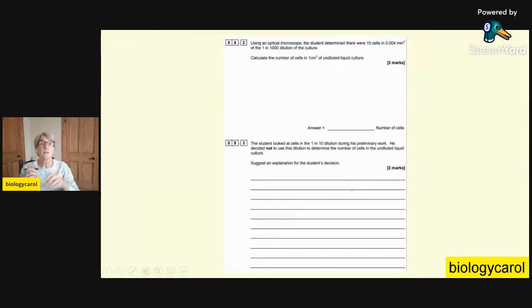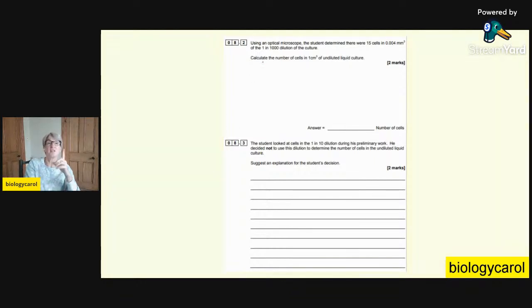Using an optical microscope, the student determined that there were 15 cells in 0.004 of a millimetre cubed. Oh my word, a teeny tiny amount of liquid of the 1 in 1,000 dilution of the culture. Visualize this: I've got a fraction of a centimetre cubed.